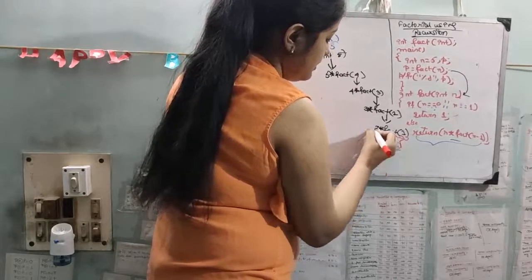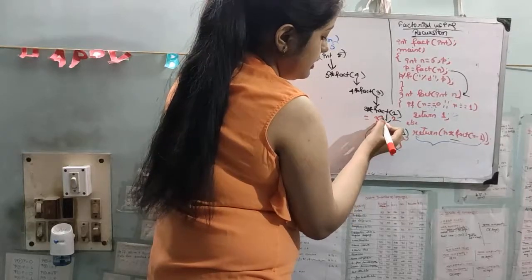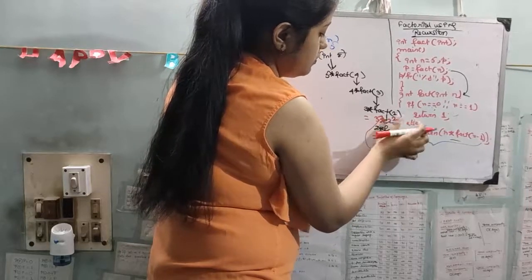Now this will go back to here, 2. 3 was there, multiplied by 2.